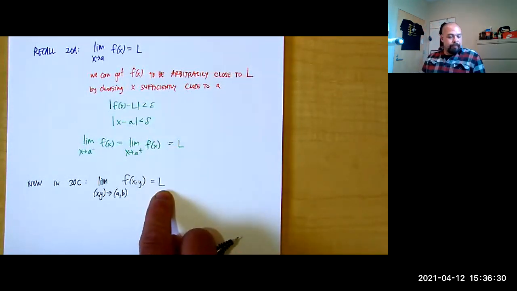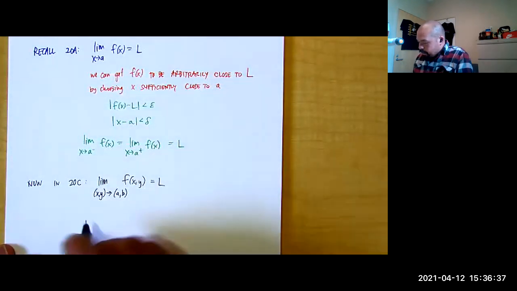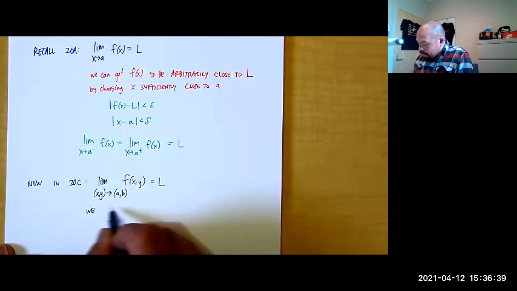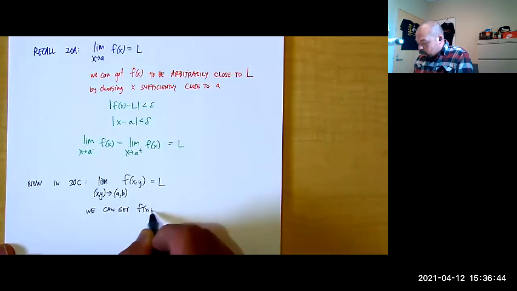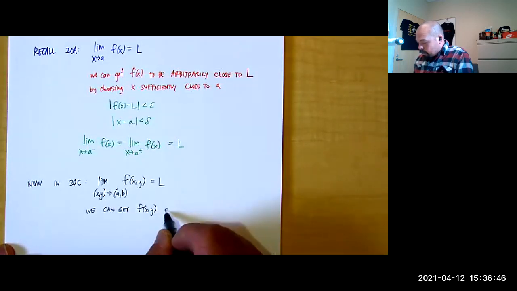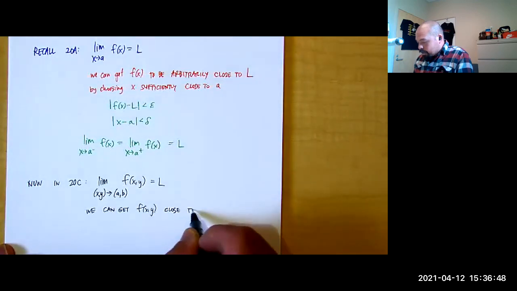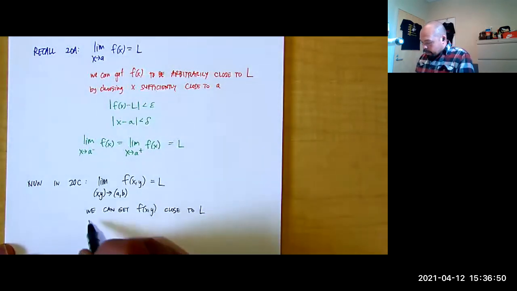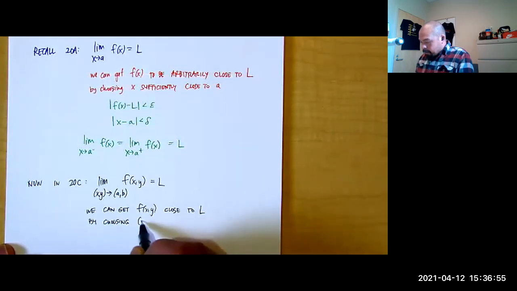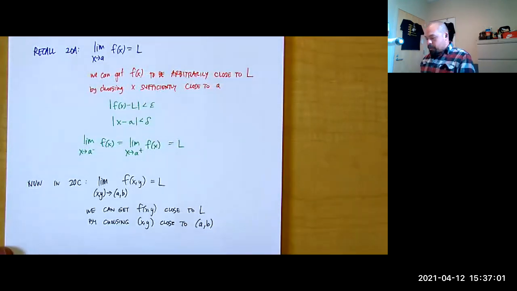Some z coordinate. This means that we can get a function f of x, y arbitrarily close to L by choosing that x, y, that ordered pair, close to that ordered pair a, b.